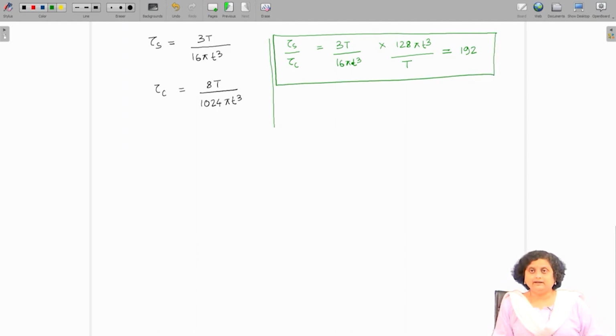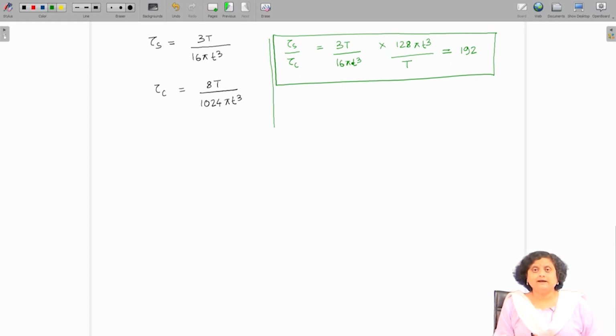Therefore, we see that the same cross section, just in one case there is a simple slit, and because of this slit the torsional property of the two cross sections changes drastically.